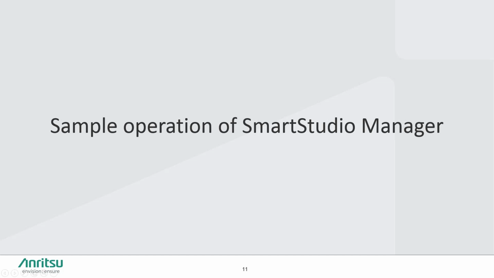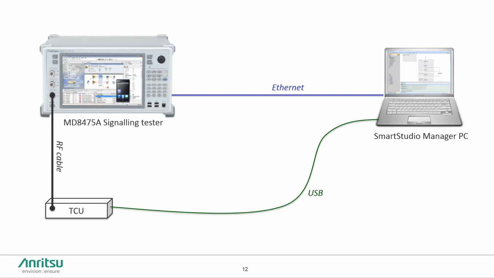Now I will show a sample operation of SmartStudio Manager. Our setup is the following. The MD8475A signaling tester is connected to the SmartStudio Manager PC with an Ethernet cable. The telematic control unit is connected to the same PC with a USB cable through which we are controlling the telematic control unit modem.